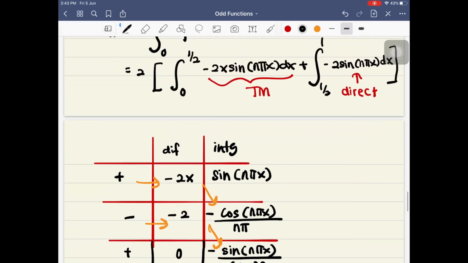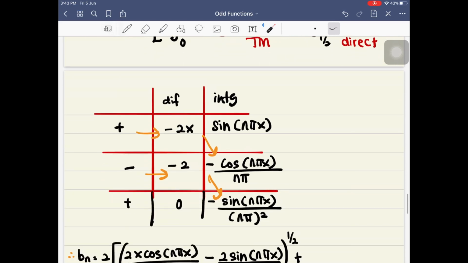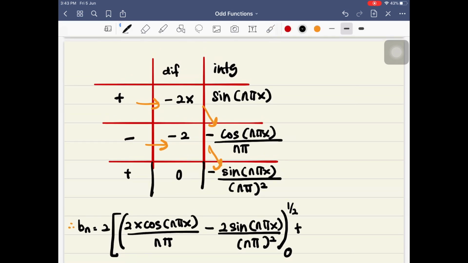Plus, for the second function, this is direct integration. Integrate sine will give you negative cos, so negative, then you will have positive. So you will have 2 cos n pi x over n pi.